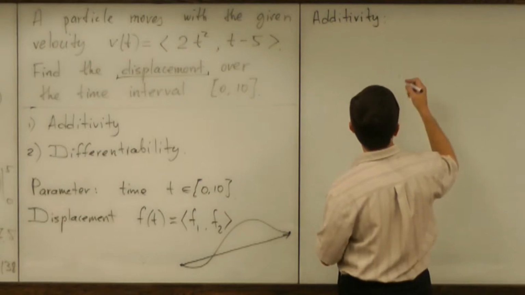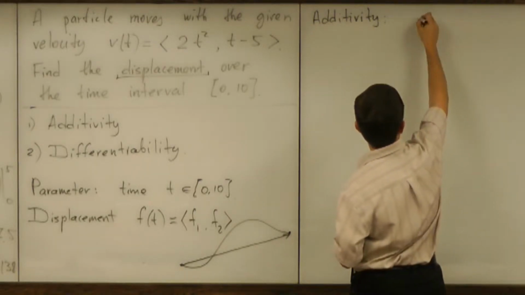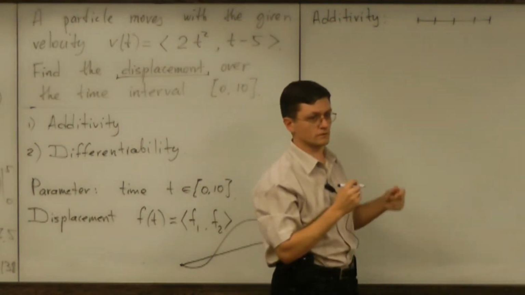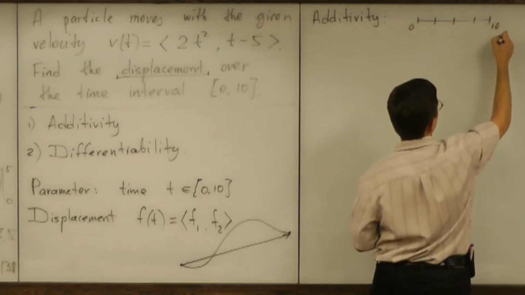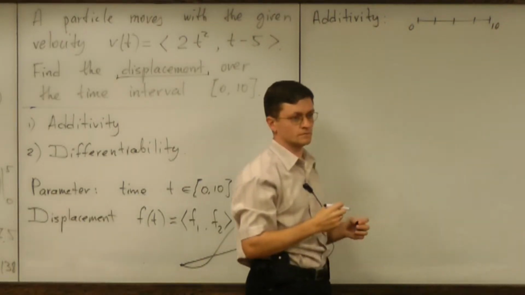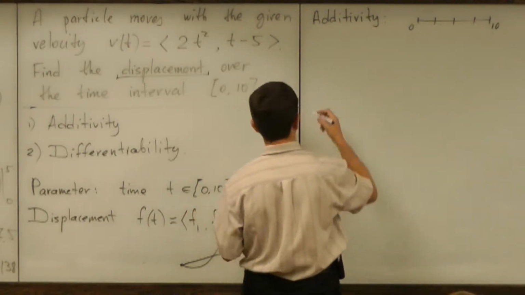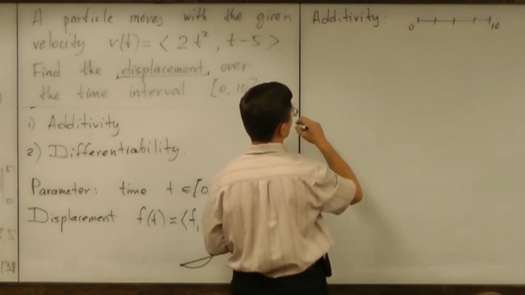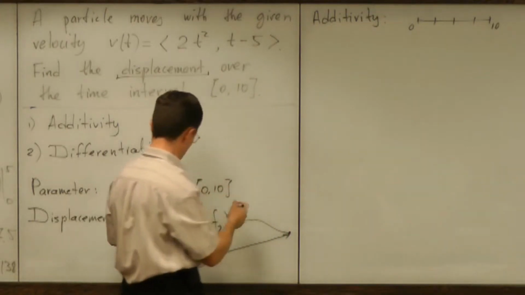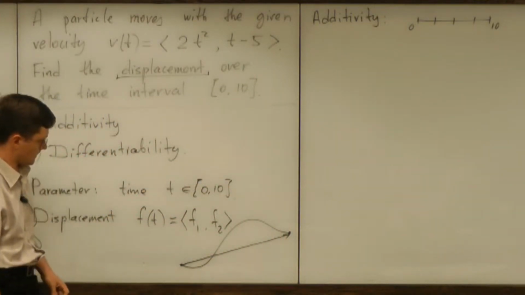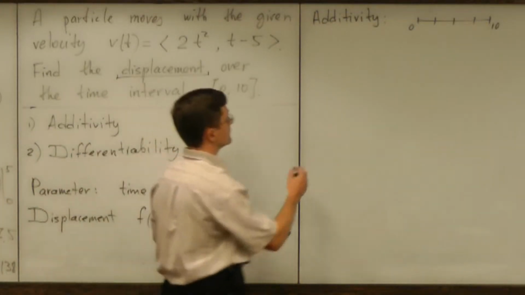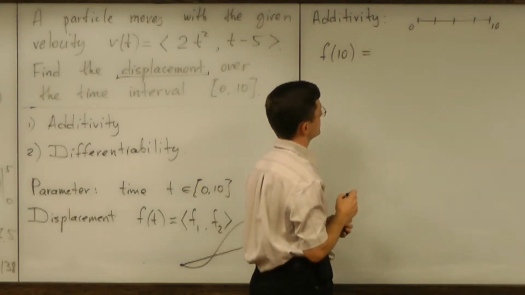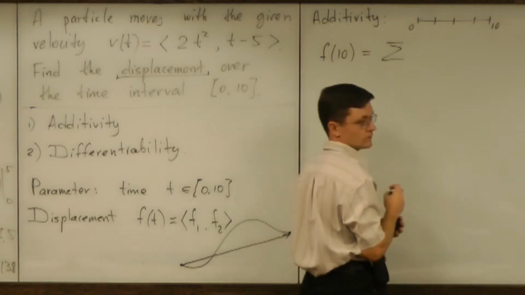If I take my time interval and I subdivide it into subintervals, will I have the displacement over f of 10 equal to the sum of displacements?